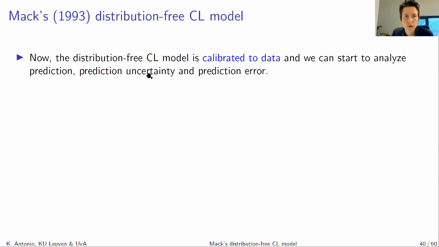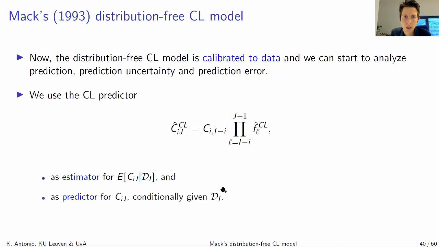And of course, now that we have this distribution-free version of the chain ladder model, and we can estimate the development factors and the variance parameters, we're ready to analyze prediction uncertainty and prediction error. We're going to use the chain ladder predictor as we know it: the most recent cumulative amount observed, multiplied with our estimates of the development factors.